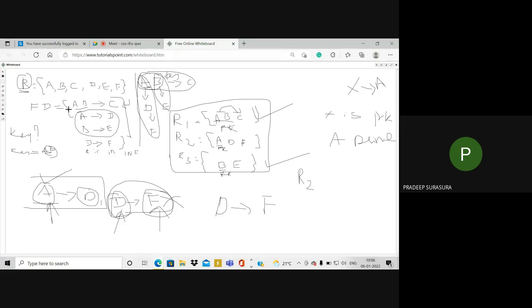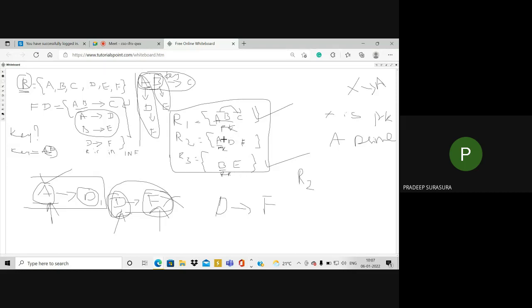Our intention is that the FDs must be present in one table or the other. R1, R2, R3 are the three tables normalized from R, so these FDs must be present in one or the other table.